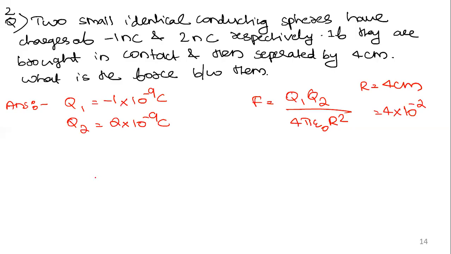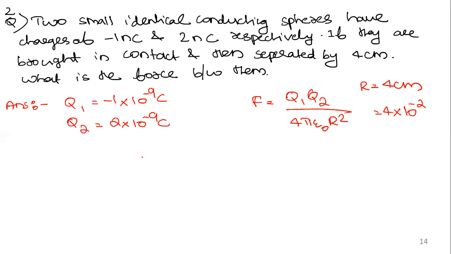Okay. Is there anything else that we need to do? Although Q1, Q2 substitute. What do you say? They are not in contact. They are both brought in contact and then separated. So what will the charge be?